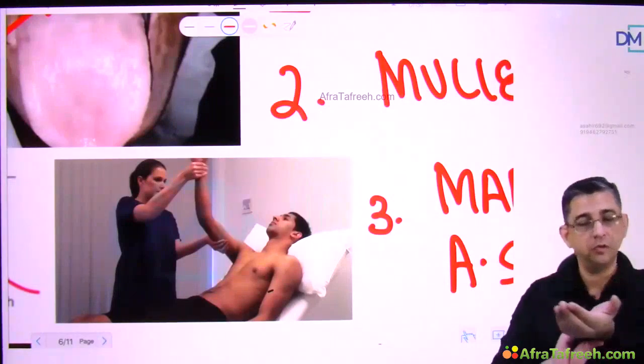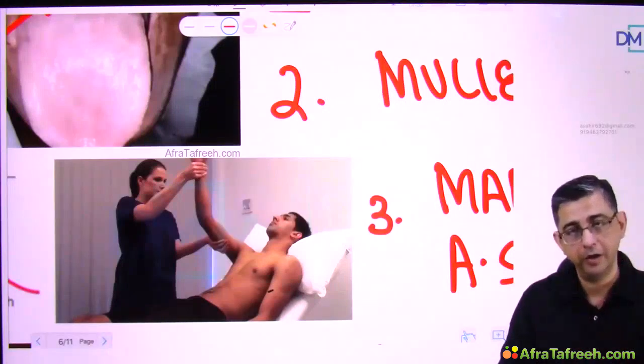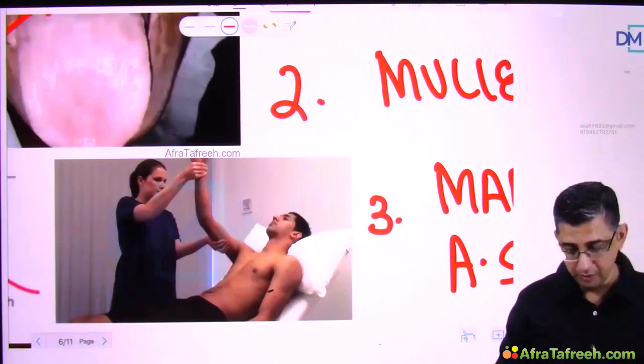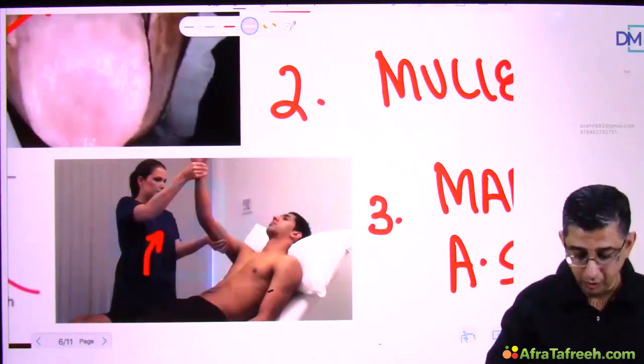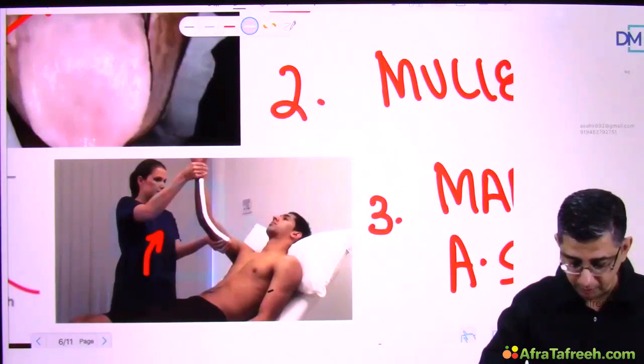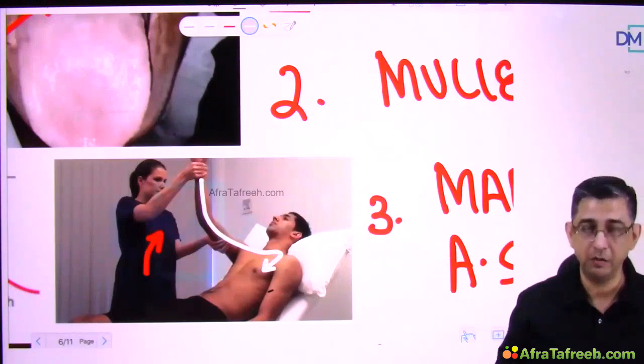In a normal person, if you obliterate the radial artery and then raise the arm, the radial artery will remain obliterated only. But in this case, when you suddenly raise the arm of the patient, it is going to contribute to regurgitation of blood back into the heart of the patient because he is having incompetent aortic valve leaflets.